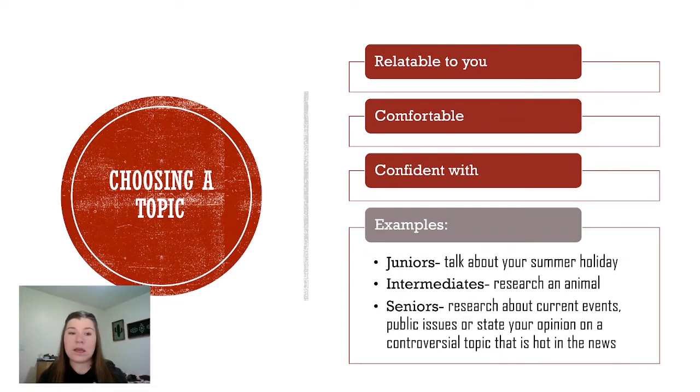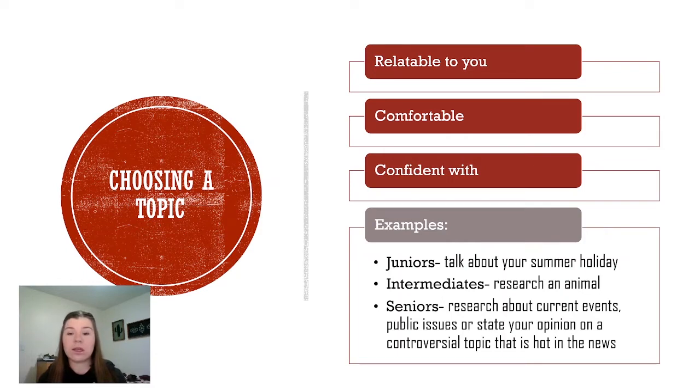Seniors is more about professionalism. So some examples of topics for your speech or presentation at the senior level could be researching current events or public issues in today's society, or you could also state your opinion on a controversial topic that is maybe hot in the news.